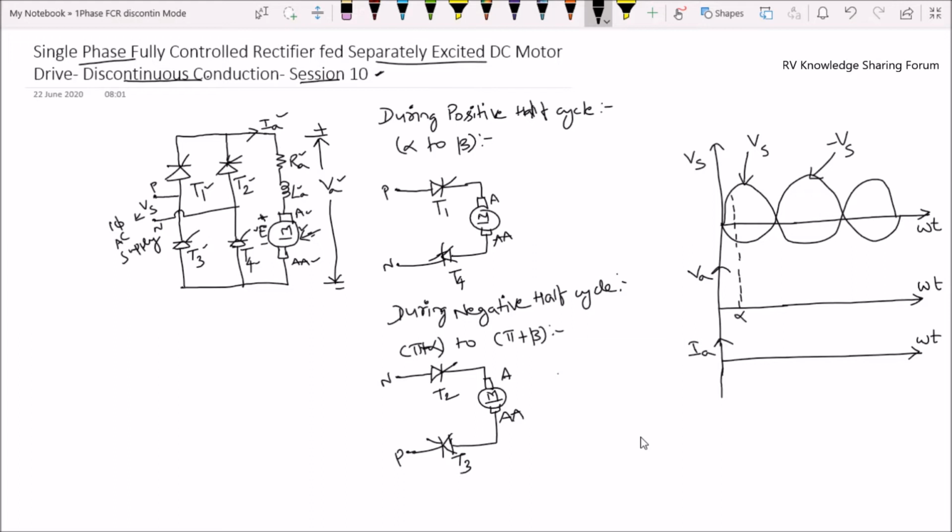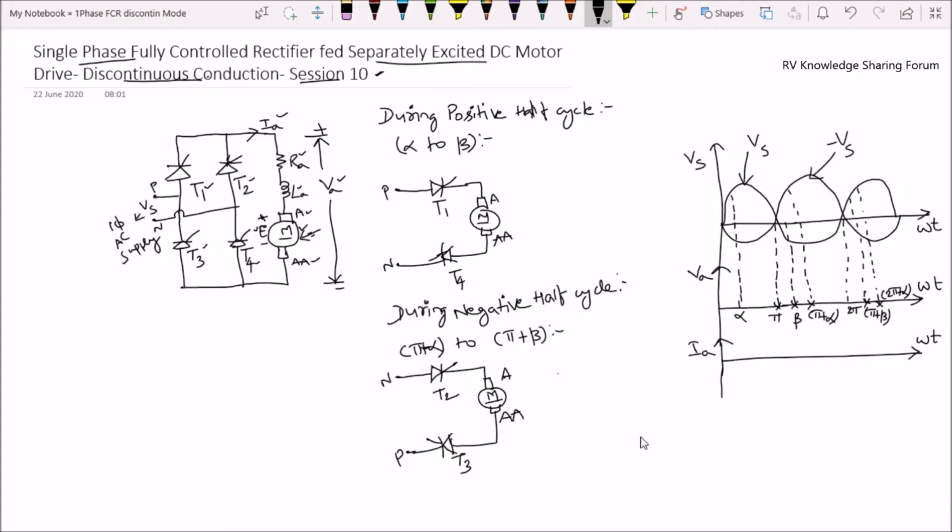So this is our firing angle alpha, and this is our angle 180 degrees, and let me consider this as the angle beta, the extinction angle, and this as the angle pi plus alpha, and this is 2 pi, and here it is pi plus beta, and here again it is 2 pi plus alpha.